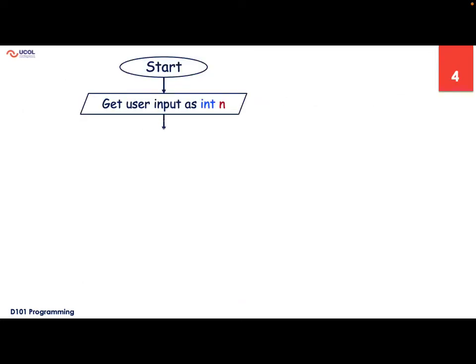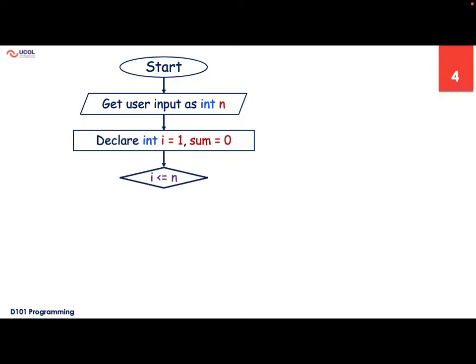So, the answer is that we get the user input, and then we say int i is equal to 1 and sum is equal to 0, and then we check a condition. We have already studied the if statement. So, we have a condition: if i is less than or equal to n, if the value of i, which is starting at 1, is less than or equal to n or not.